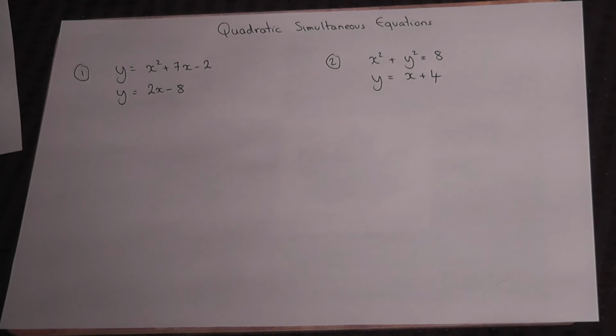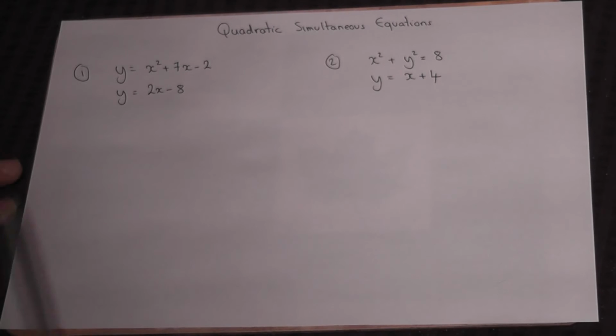This video looks at two examples of quadratic simultaneous equations, and it shows how you can find values of x and y algebraically which satisfy both equations. So in example 1 we are given two equations, and the question is, where are these two equations equal to each other?